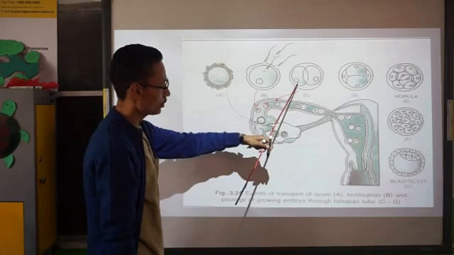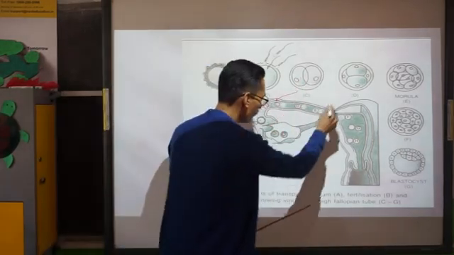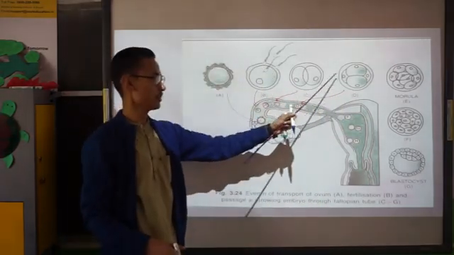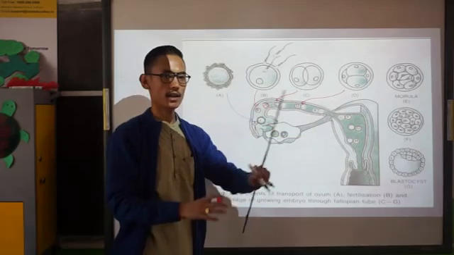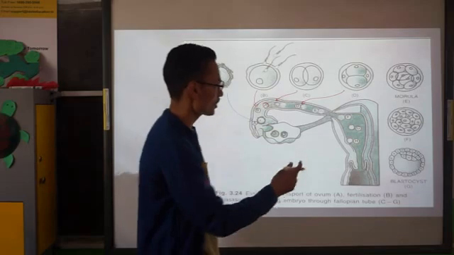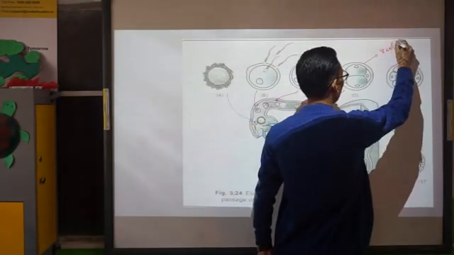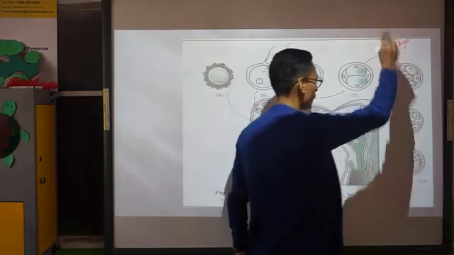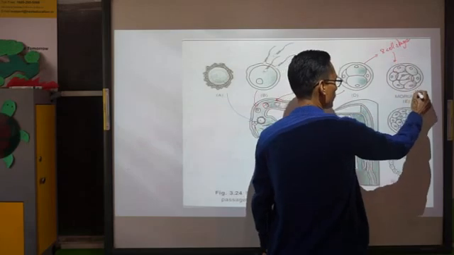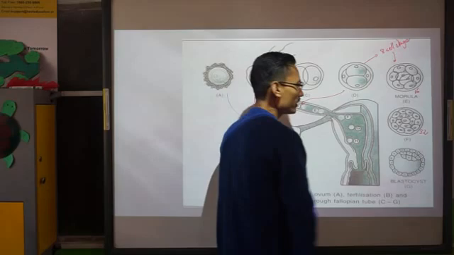Clear? Again, that two cell stage undergoes a second mitotic division to form a four cell stage with two smaller blastomeres and two larger blastomeres. Clear? Now again, this four cell stage will divide into an 8 cell stage. The 8 cell stage will again divide into a 16 cell stage, and this will divide into a 32 cell stage.